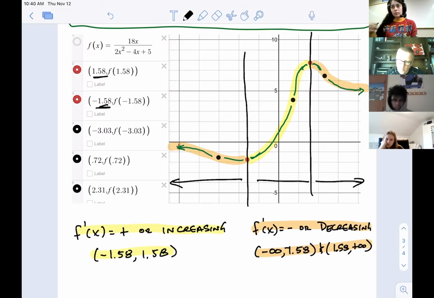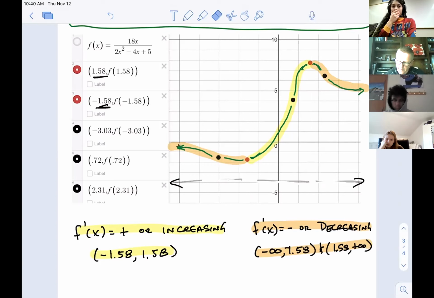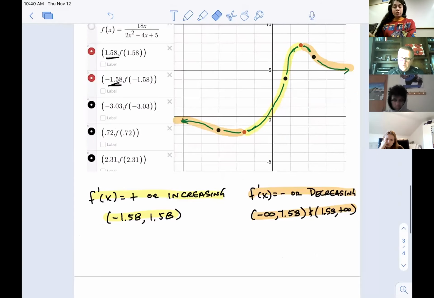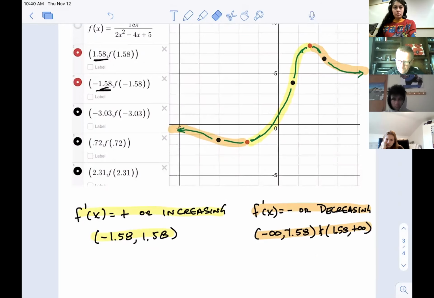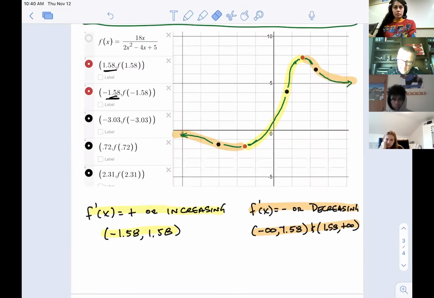So now let's consider what the inflection points do to the graph. I should probably copy this and do it again, but actually, I don't think I will.